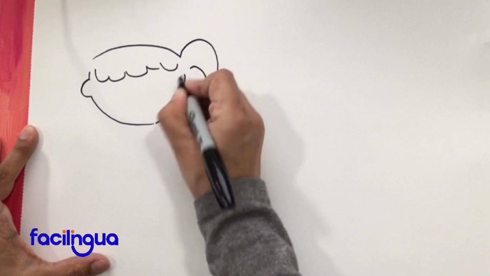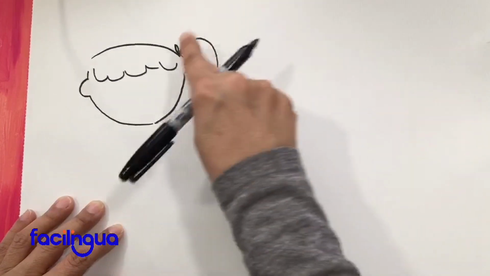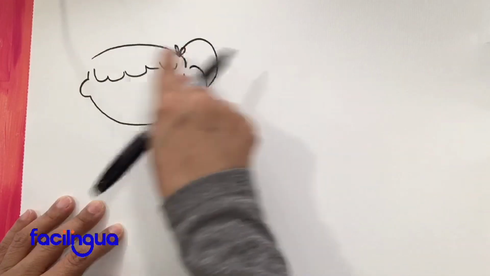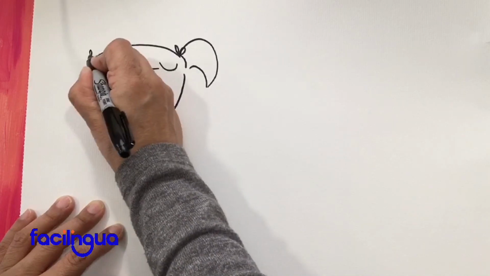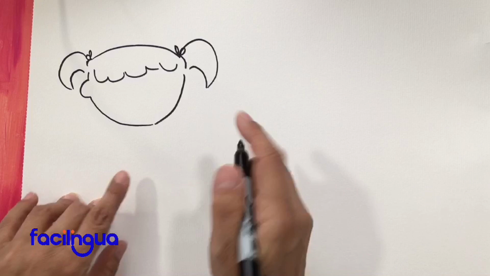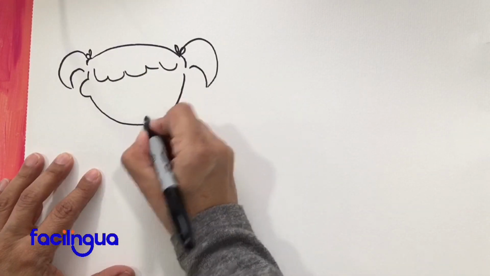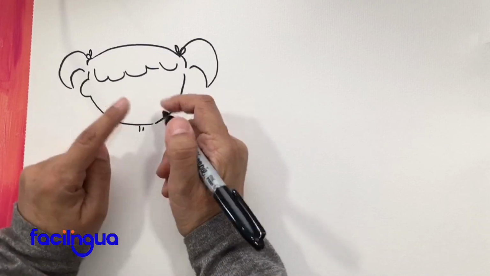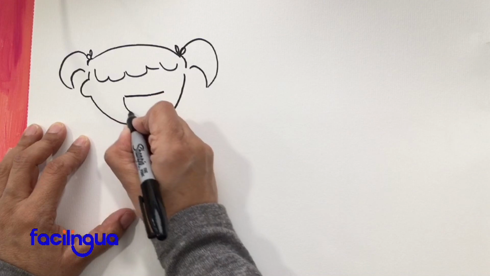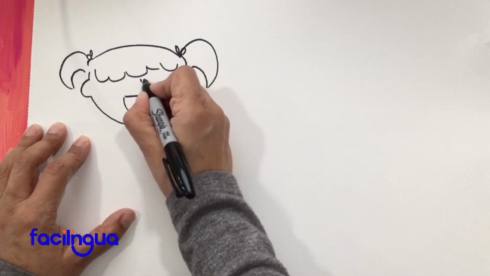So she has two ponytails, and this is the face. And she's very happy. This girl is really, really happy. And we're going to draw some eyes.